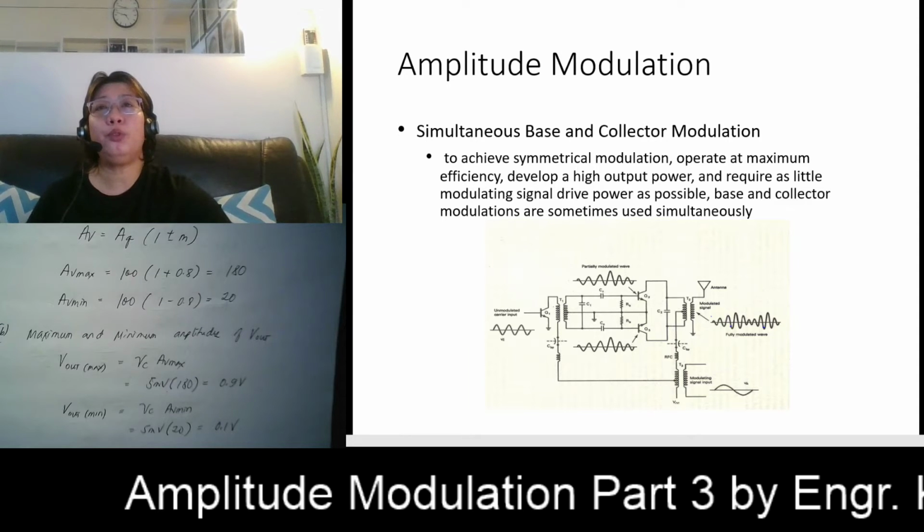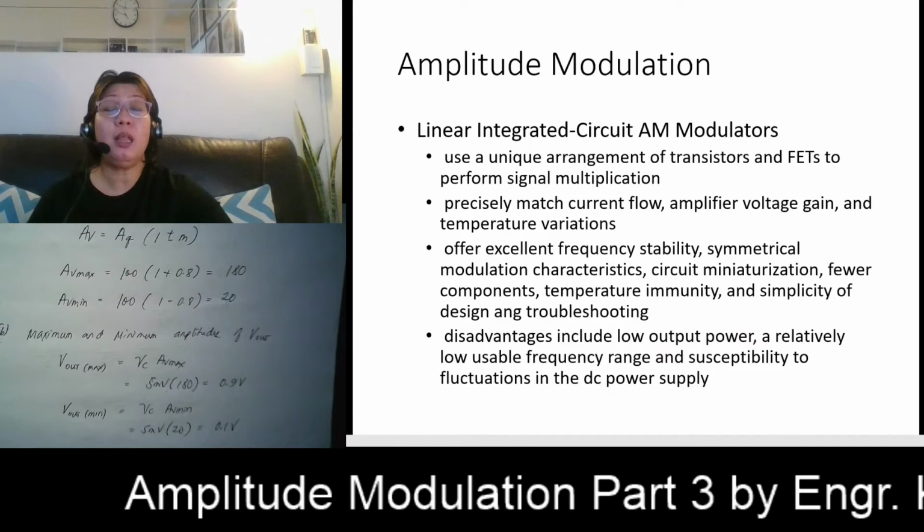So those are the different types of discrete circuits. We call those discrete counterparts. Nowadays, we already have what we call linear integrated circuit AM modulators. So AM modulators are now in the form of an integrated circuit.